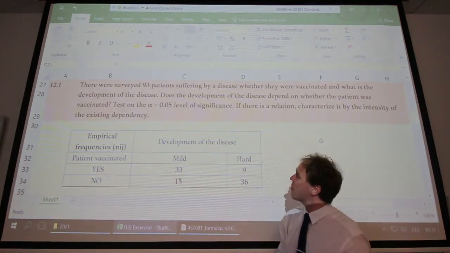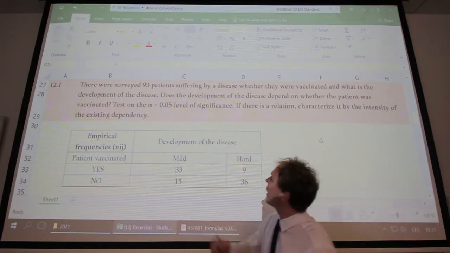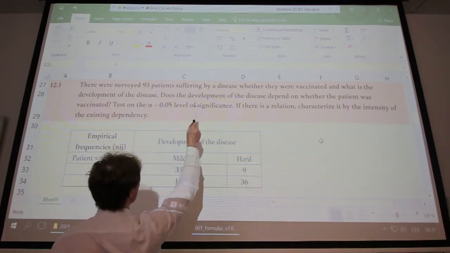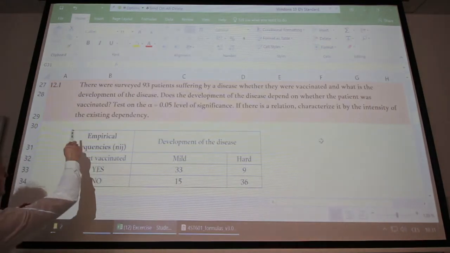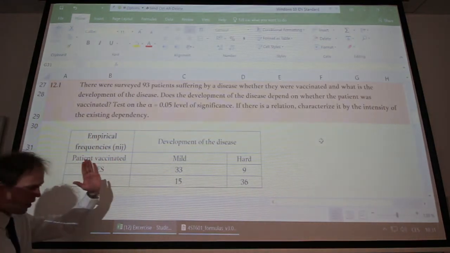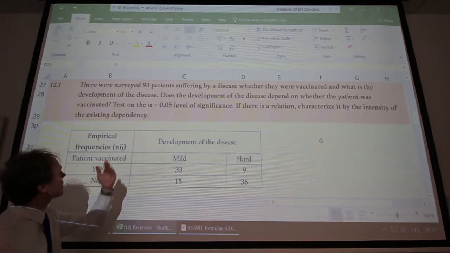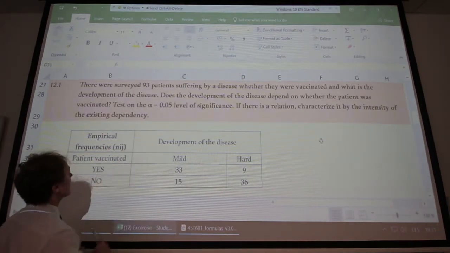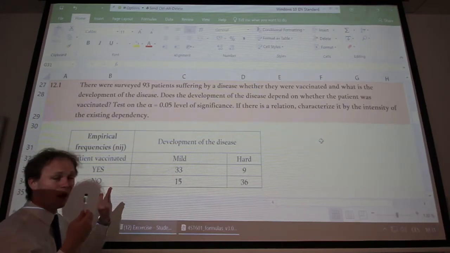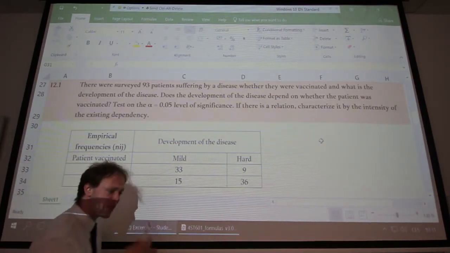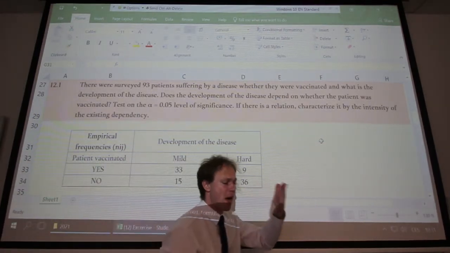And today we will return to this example, with the question: does the development of the disease depend on whether the patient was vaccinated? This question will be statistically tested at the alpha 5% significance level. We know that there is a dependence.